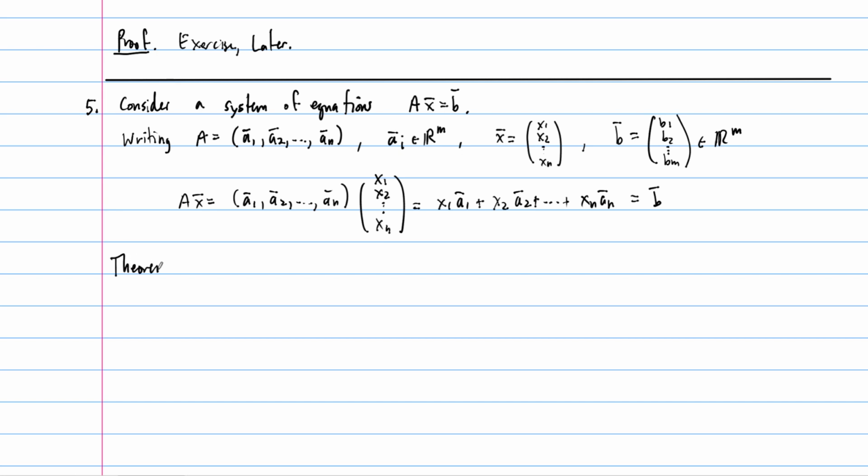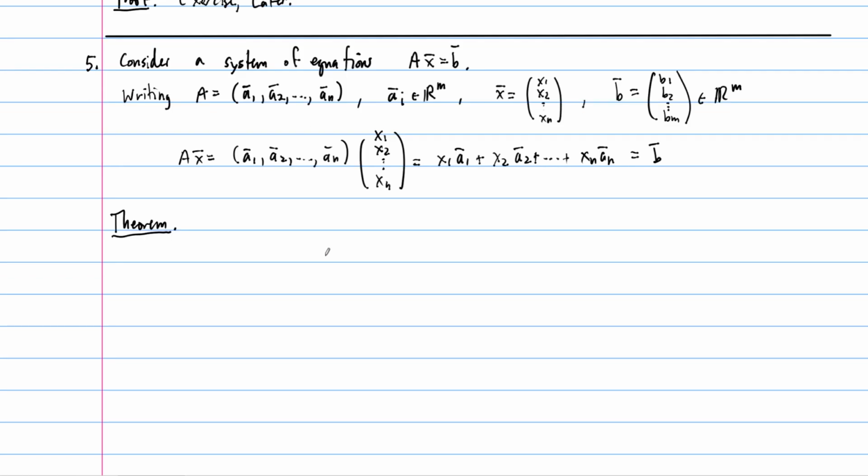And so we arrive at this theorem just by looking at this. Just by rewriting this, we get the following theorem, almost without proof. I mean, this is kind of the proof, just unpacking the definition of what the system of equations is telling us. It says the following: the system Ax equals b is consistent. Remember, consistent means that it has at least one solution, right?